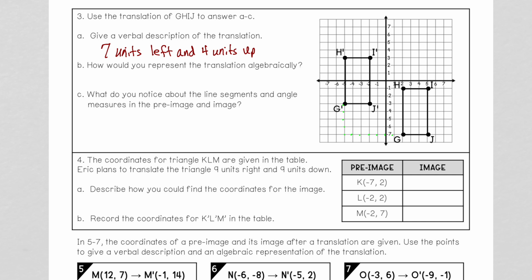Okay. Now, how would you represent the translation algebraically? So we have our x and our y coordinates, and they transform to x minus 7, y plus 4.